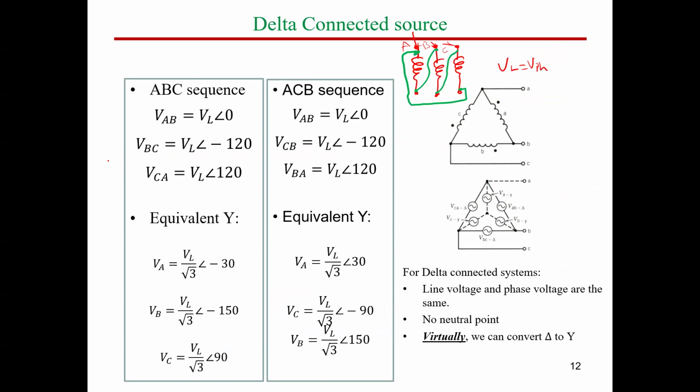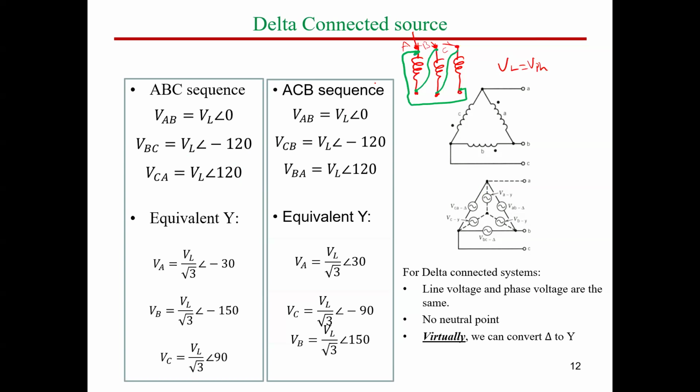So for ABC sequence, for instance, guys, if we assume that VAB equals V line at angle 0, then VBC would be V line at angle minus 120, and VCA is V line at angle plus 120.